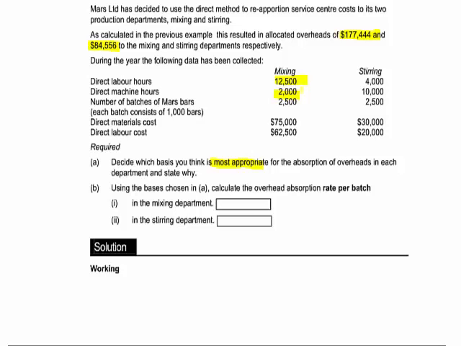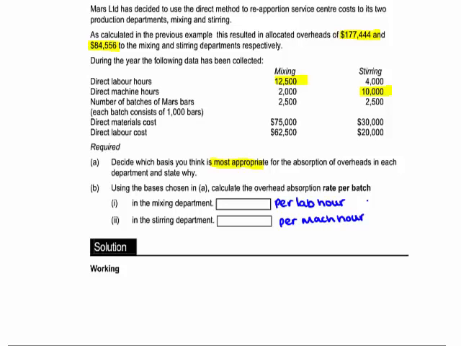So labour hours is going to be the best way for apportioning and absorbing our overheads. In the stirring department, however, it's the machine hours that are much higher, so it's a machine intensive department, and therefore it makes sense to absorb the overheads on the basis of machine hours. So for the mixing department, we're going to do it per labour hour, and for the stirring department, we're going to do it per machine hour.